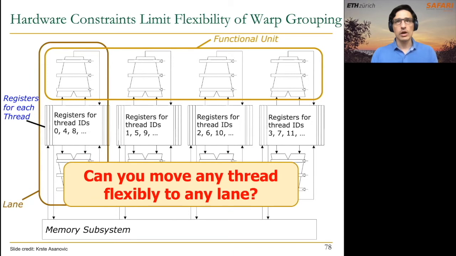You may come up with your own ideas to make it possible. For example, saving these registers for thread 0 in some temporary storage and then copying them into this part of the partitioned register file, and this way we are somehow shifting thread 0 from this lane to another lane, and maybe this is a way of creating more efficiently utilized warps.